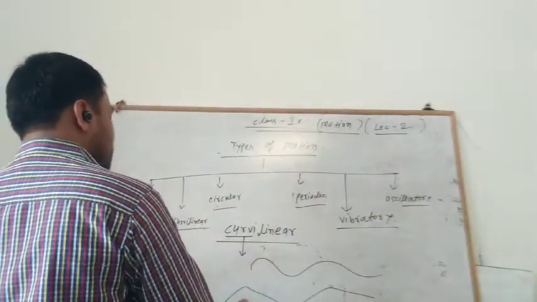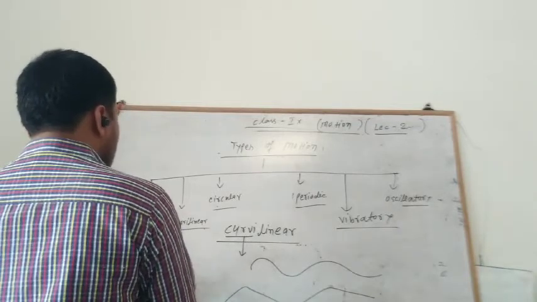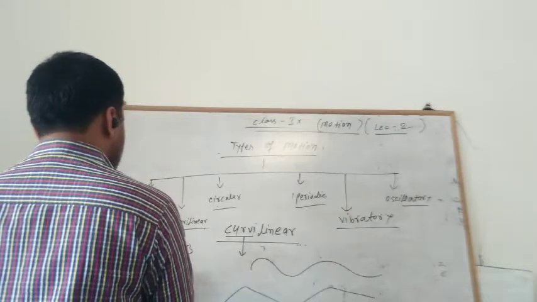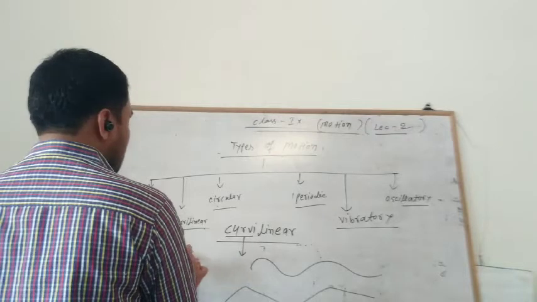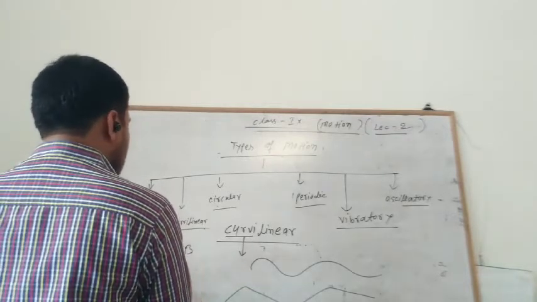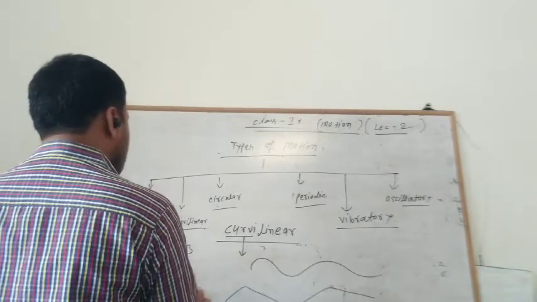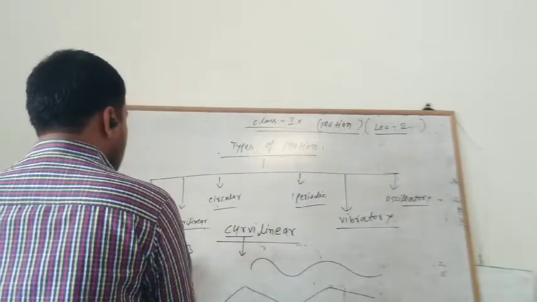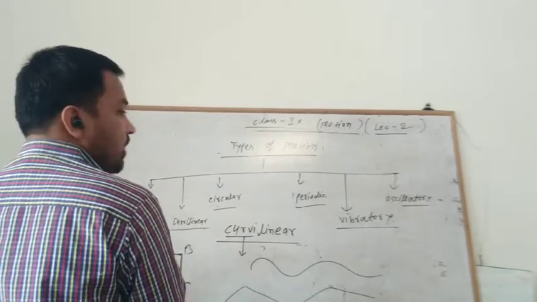If we consider A, B, C, D, then from A to B the motion is along a straight path, B to C is a straight path, and C to D is a straight path. But from A to C we consider the motion along a curved path, and A to D is also a motion along a curved path.